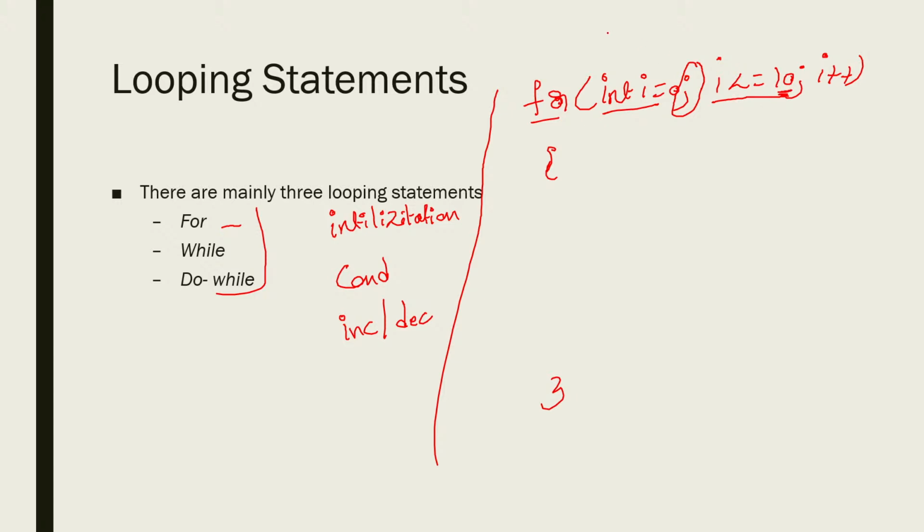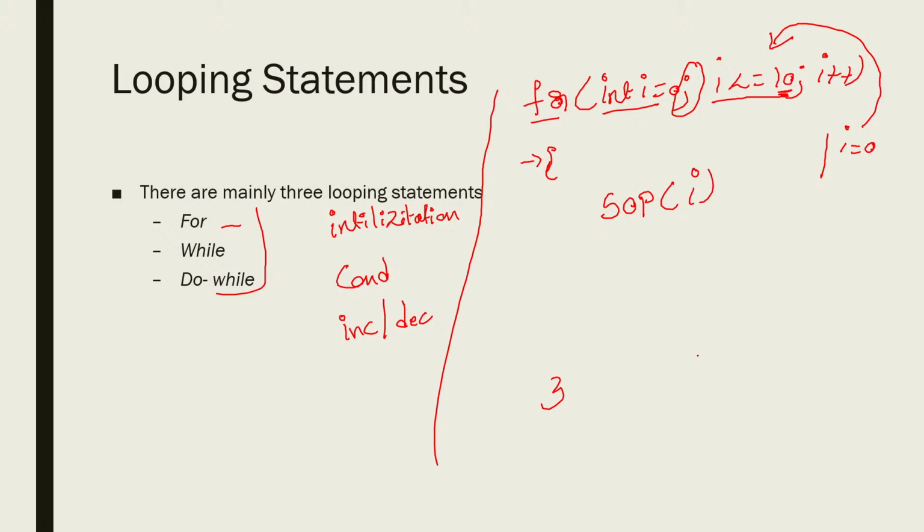At first, my i contains 0. i equal to 0. It will go and check the condition now. If the condition satisfies, it will enter the for loop. In the for loop, I am printing the i value.